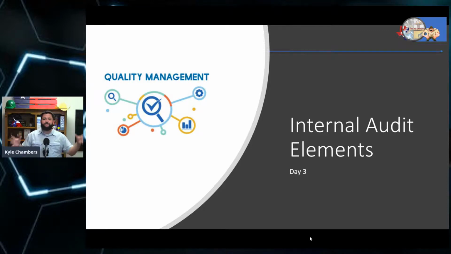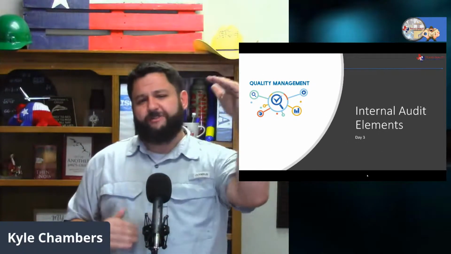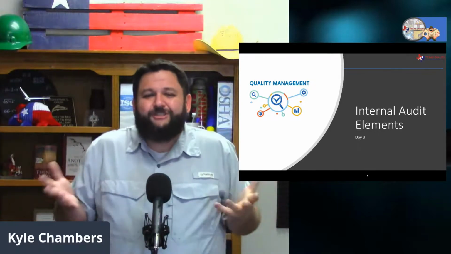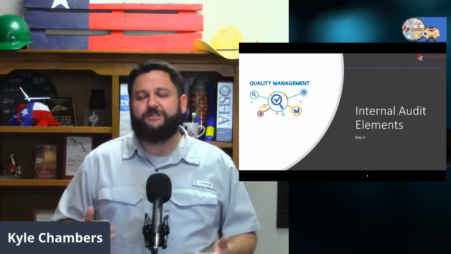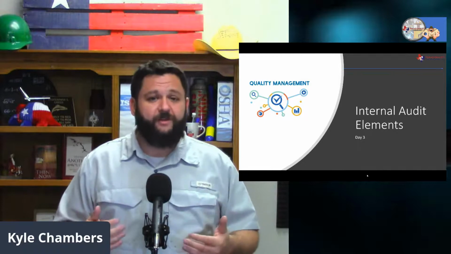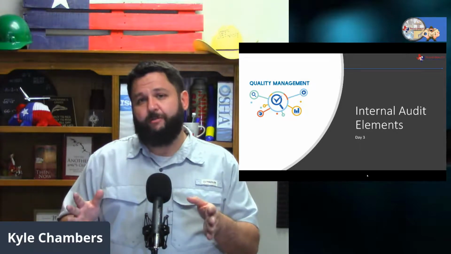Production and service provision is a fancy word that means all the work you do that drives income. You know that you're going to have a competence and training program. You know that you're going to have suppliers. You know that you're going to have documented information. So there's a handful of standard processes that you just know you're going to have, and there's really no need to reinvent the wheel. So let's identify some of those standard processes.